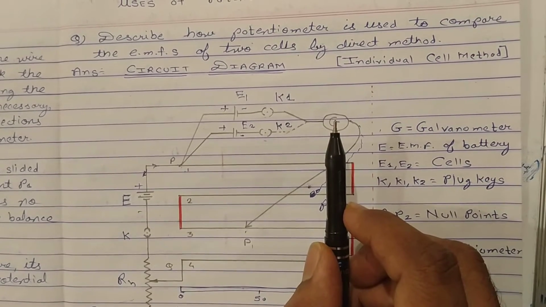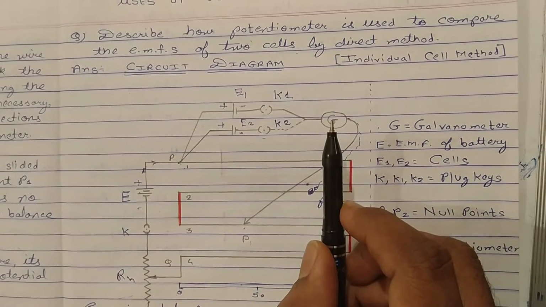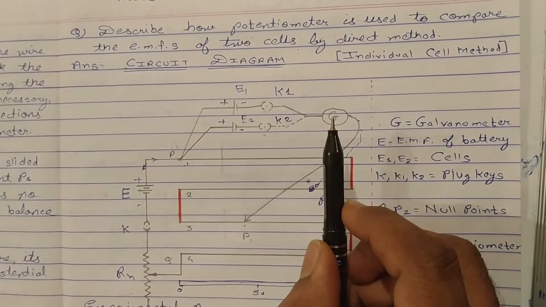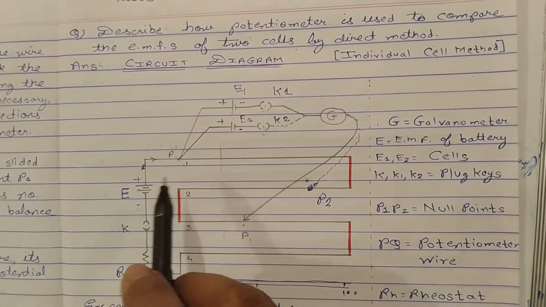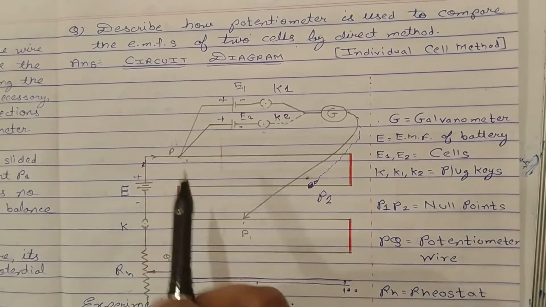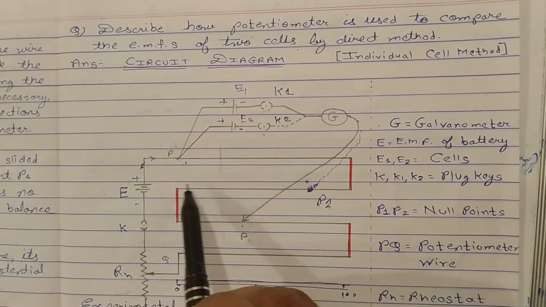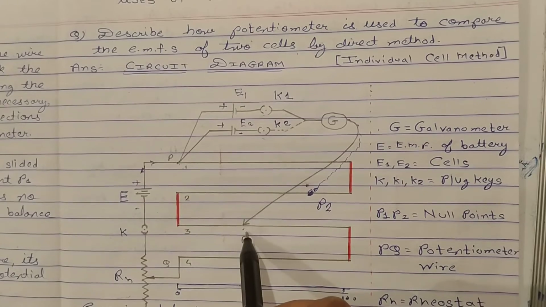Matlab, current flowing to the galvanometer is what? Zero. That is the balance condition. Once you get that, then we will apply the principle of potentiometer. It states that voltage between point P and P1 is directly proportional to the length of the wire PP1.